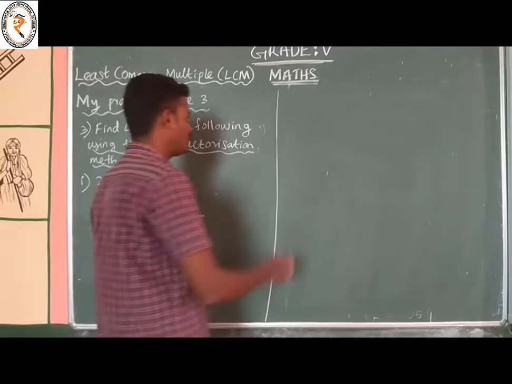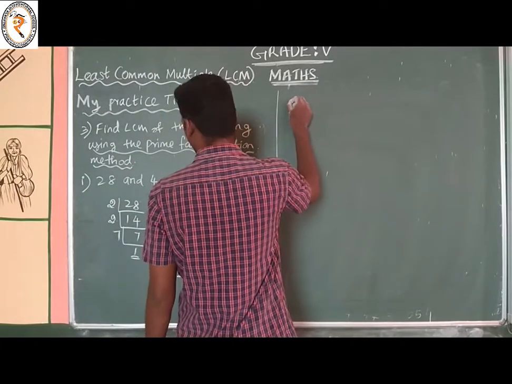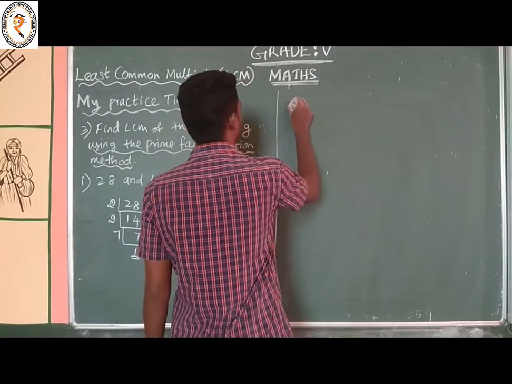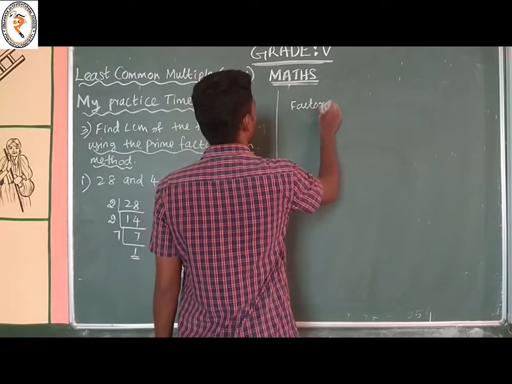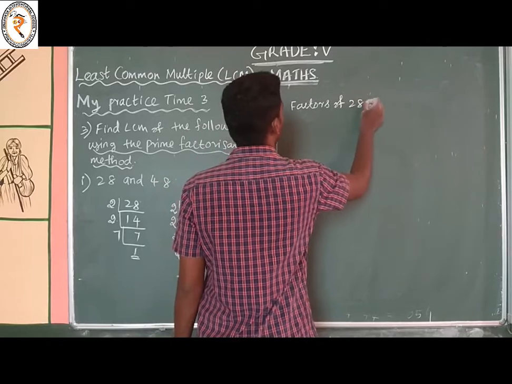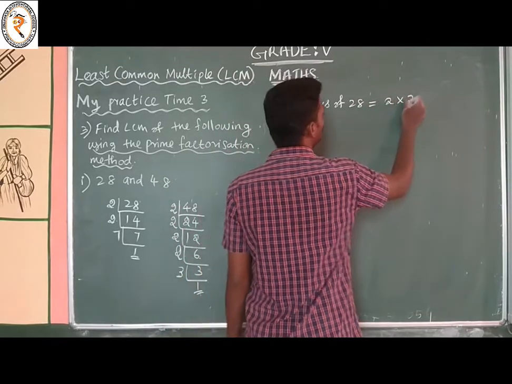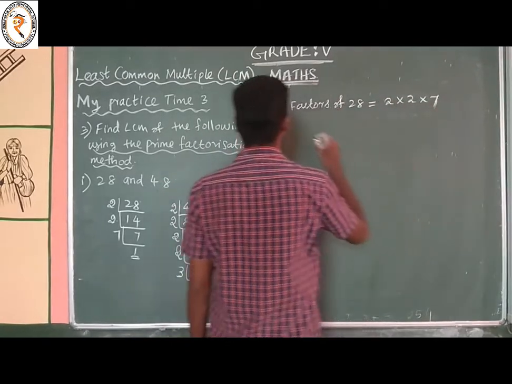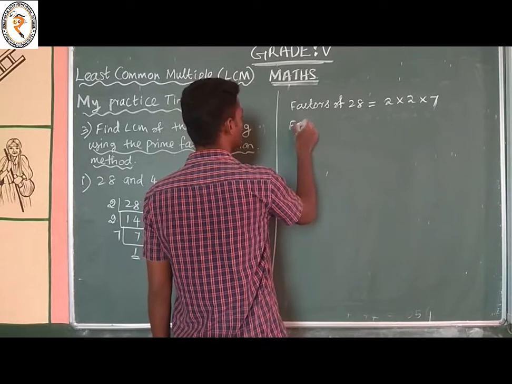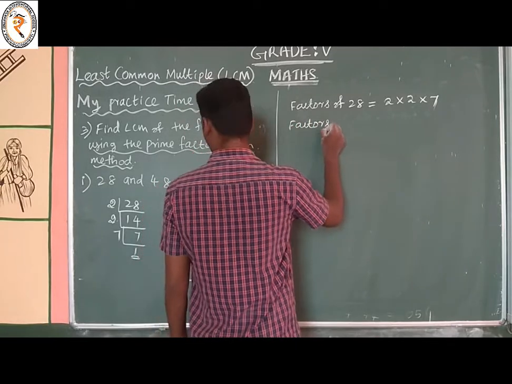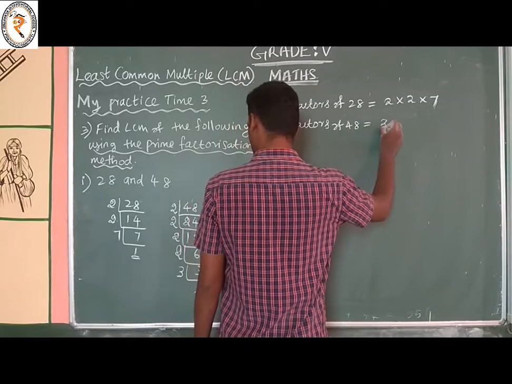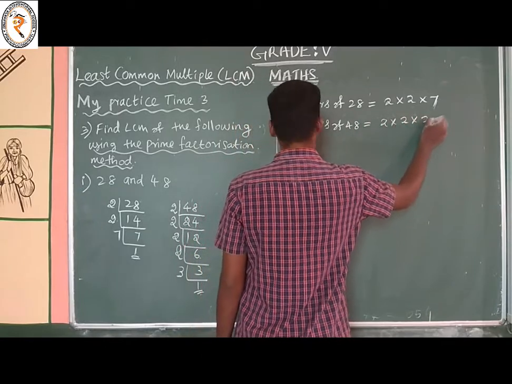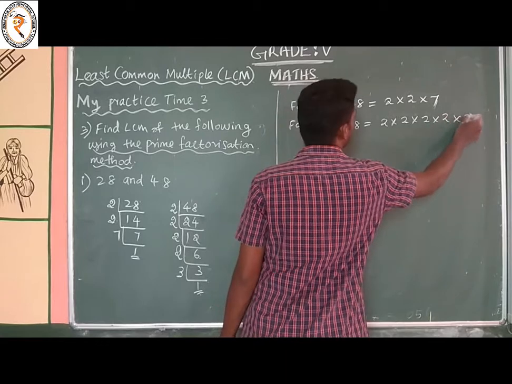Therefore, the factors of 28 are 2 into 2 into 7. And the factors of 48 are 2 into 2 into 2 into 2 into 3.